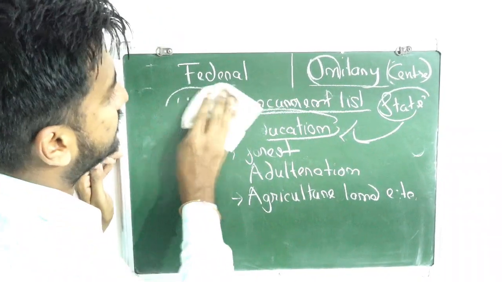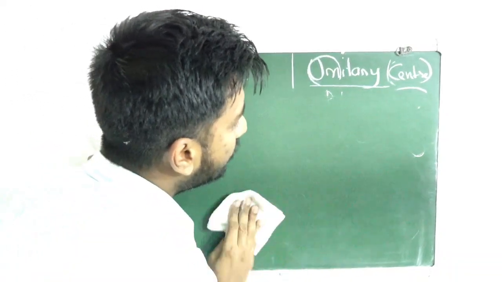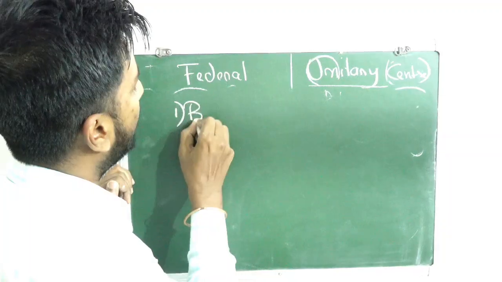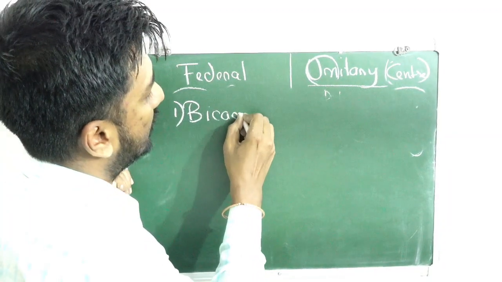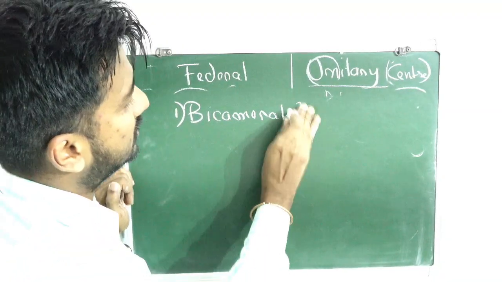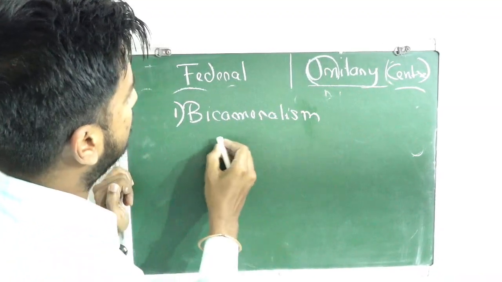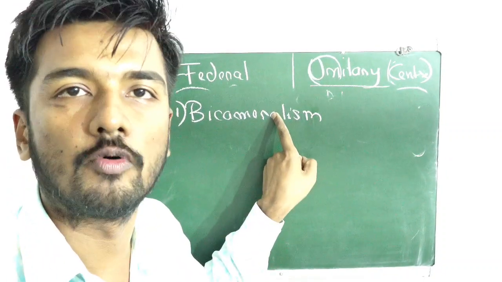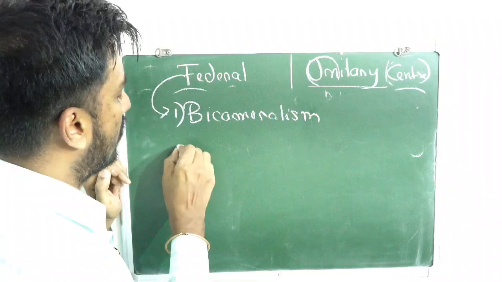Now, one more important thing is bicameralism. What is bicameralism? It is a salient feature. Bicameralism falls under the federal system. In a federal system of government, there are two houses.